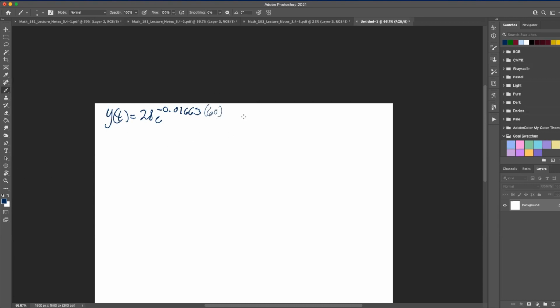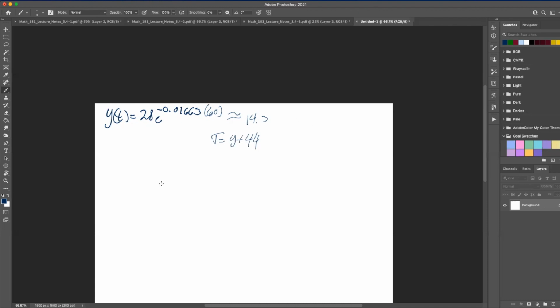I just crunch this through a calculator, and you're going to get roughly 14.3. And remember that t is equal to y plus 44, right?